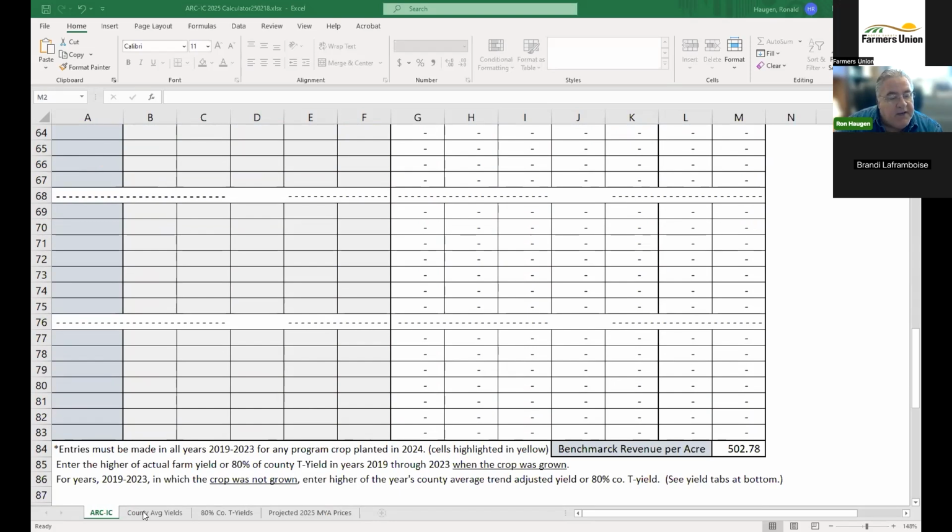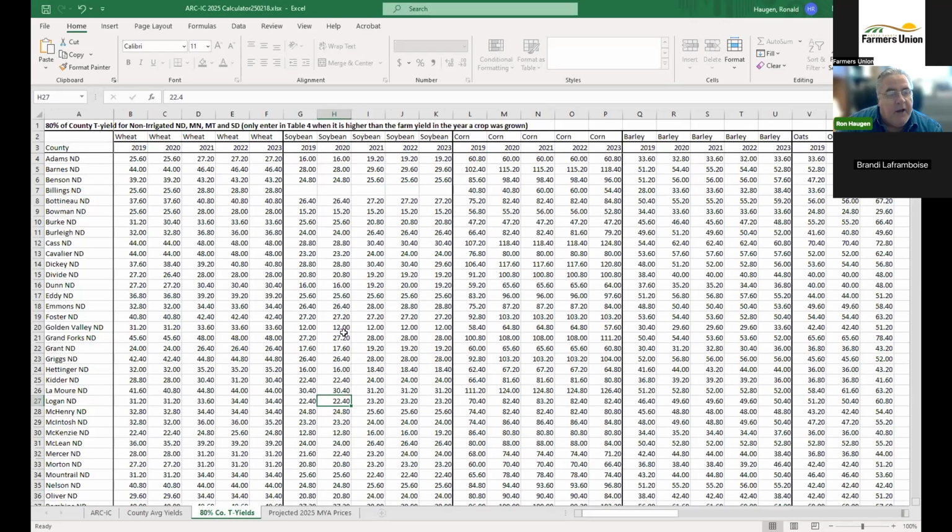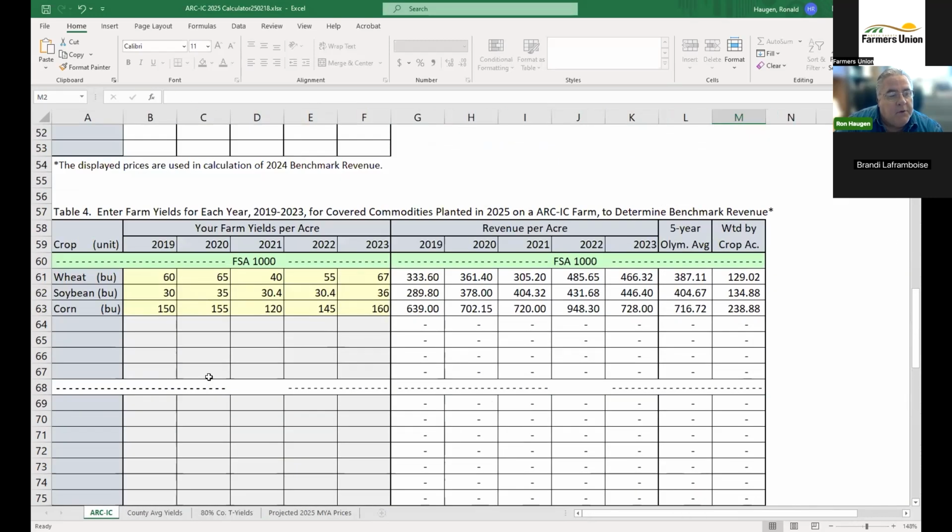Here are the T yields on this tab. You click on this tab, find your county and your crop, and enter that in manually. In this simple example, I plugged in a 30.4 and a 30.4 for a T yield when there was a lower farm yield. And that's all you do.